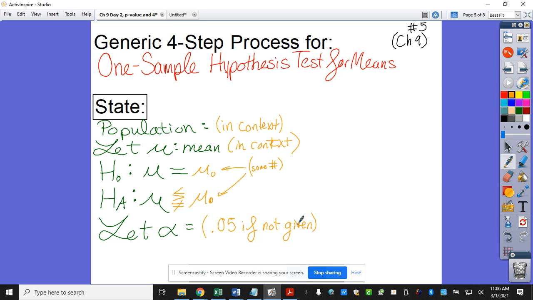Our alpha is what we decide is our cutoff. It needs to be less than this to reject. Most of the time we use 0.05, which is 5%, so if it happens less than 5% of the time, that's when we're going to reject the null hypothesis. But we talked about scenarios where it would make sense to use one higher or lower based on context.